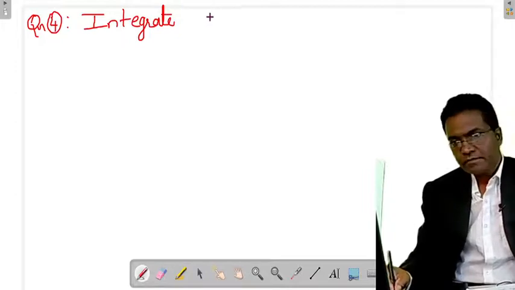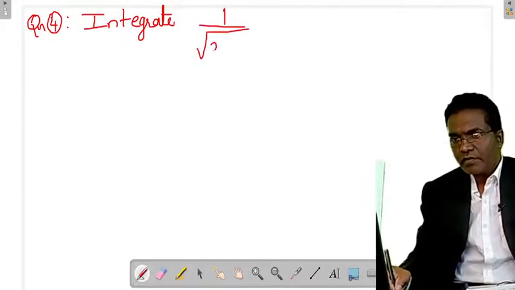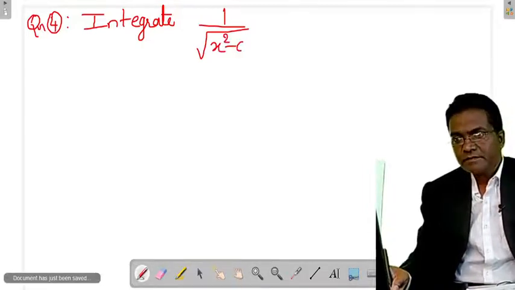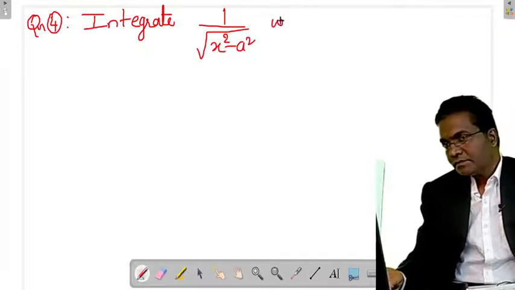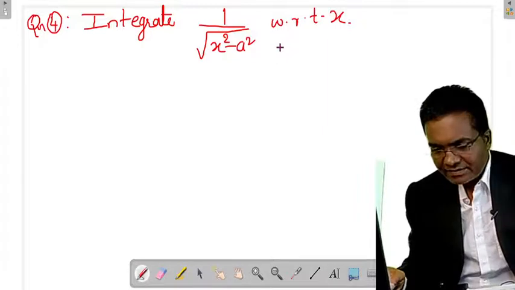Integrate 1 by square root of x square minus a square with respect to x.